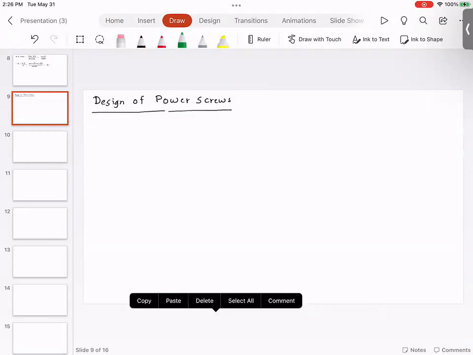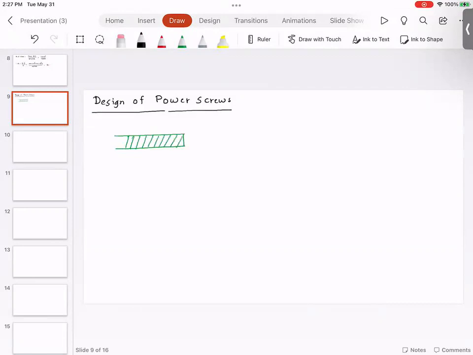So we have a bolt or a thread, and then there's a nut. And this screw could be attached to a motor.